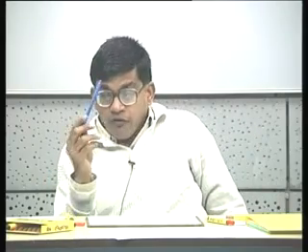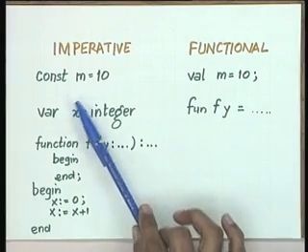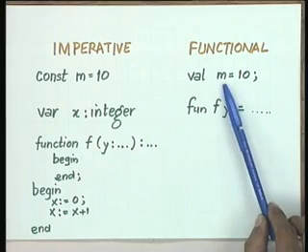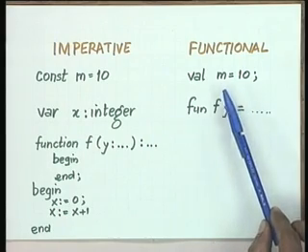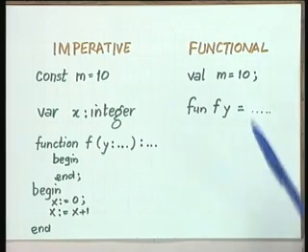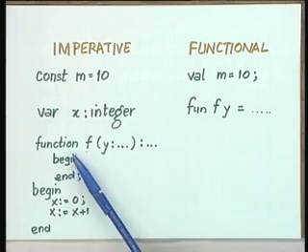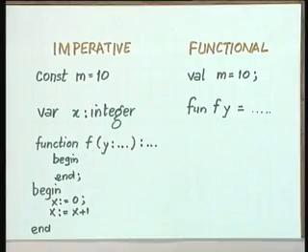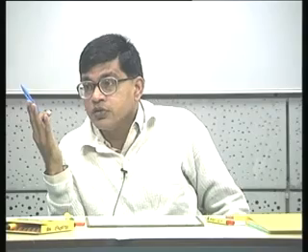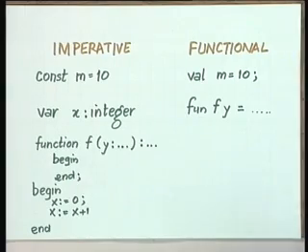So a variable in a functional language is really something like a constant in an imperative language. A variable in a functional language is just a name value binding, and in most languages the function f, you can also look upon a function itself as a value, and a function declaration is another name value binding.